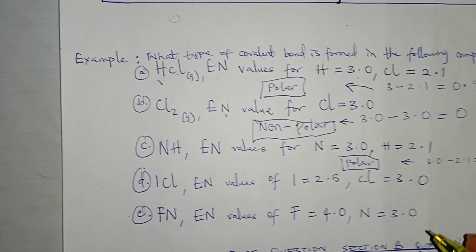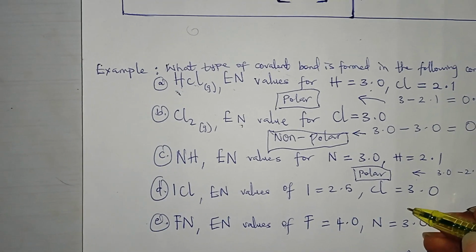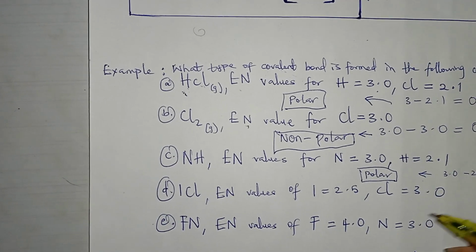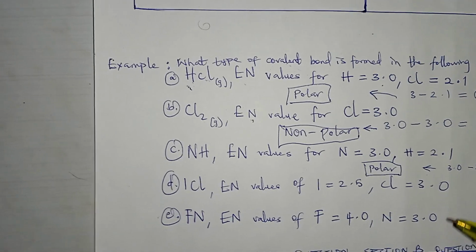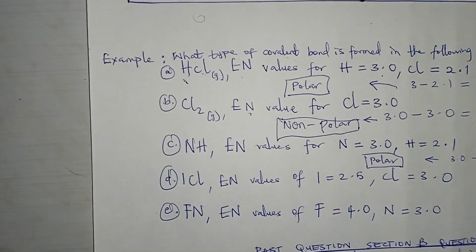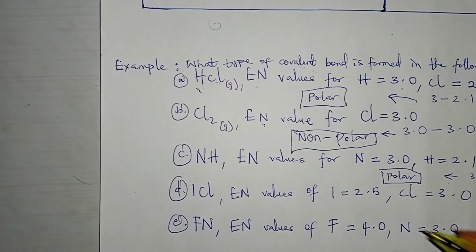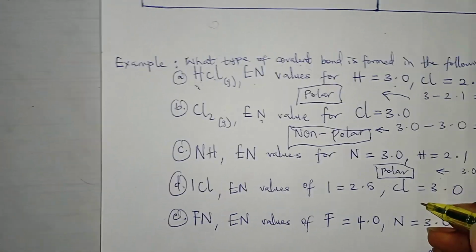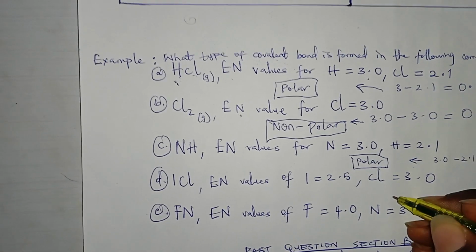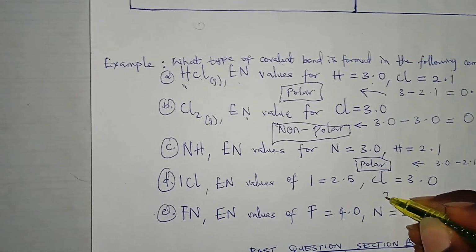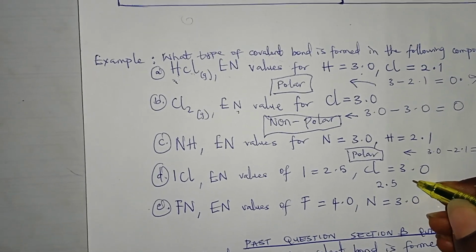Now they say iodine chloride. So iodine, I believe, with chlorine. Notice that this particular question does not look balanced, but it's just for us to find what we are given. In this case I have 2.5 and I have 3.0.